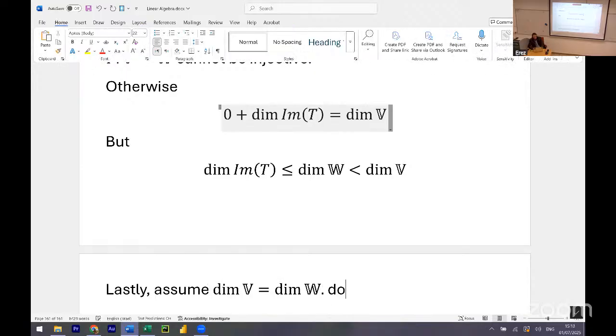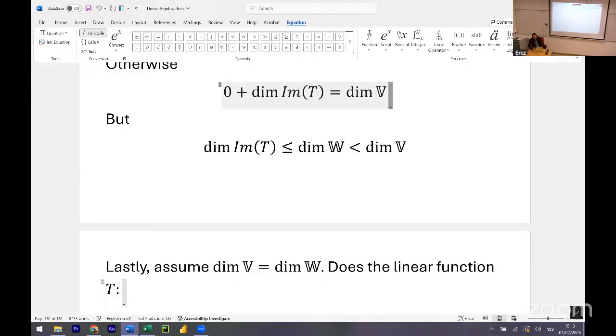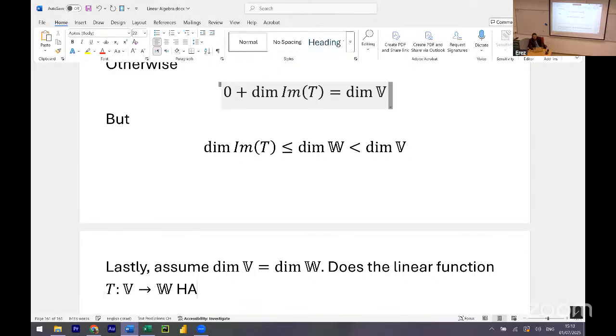Does the linear function T from V to W have to be invertible?